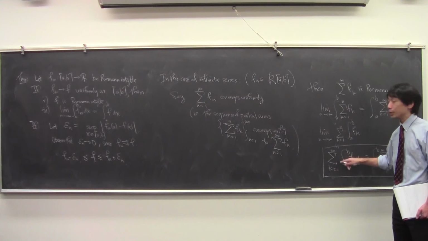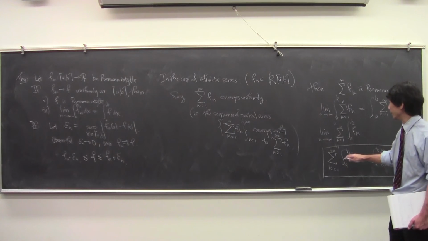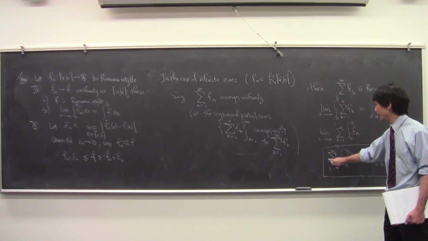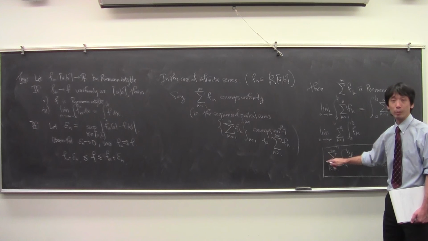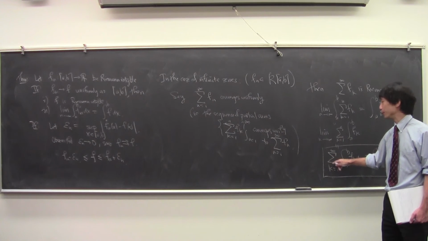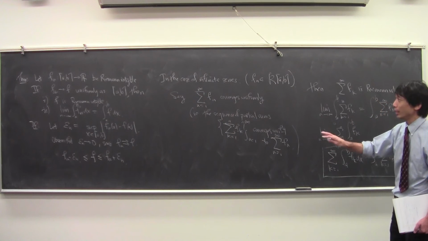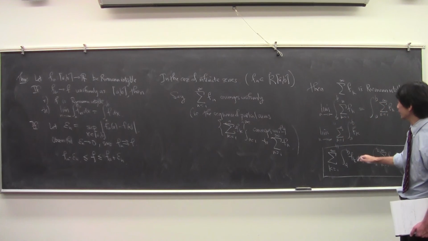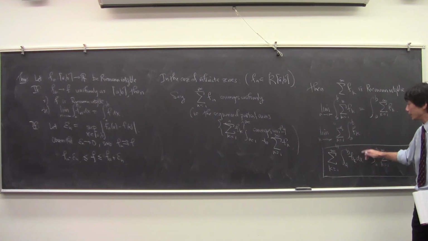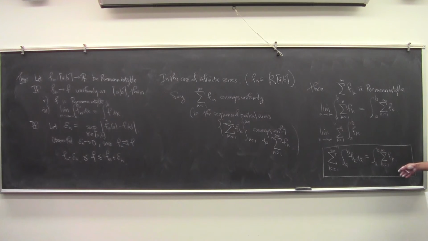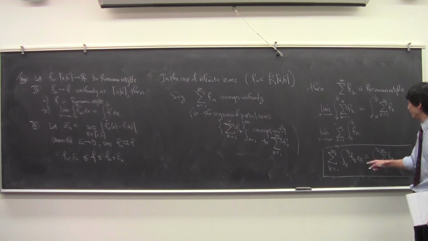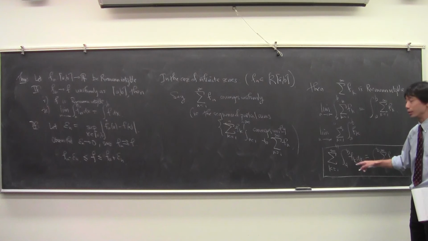Okay, that's not true in general. A finite sum can always be pulled through the integral, but if it's an infinite sum, not necessarily. However, if it is a uniformly convergent infinite sum, then you can change the order. Okay. And people often call this term-by-term integration.